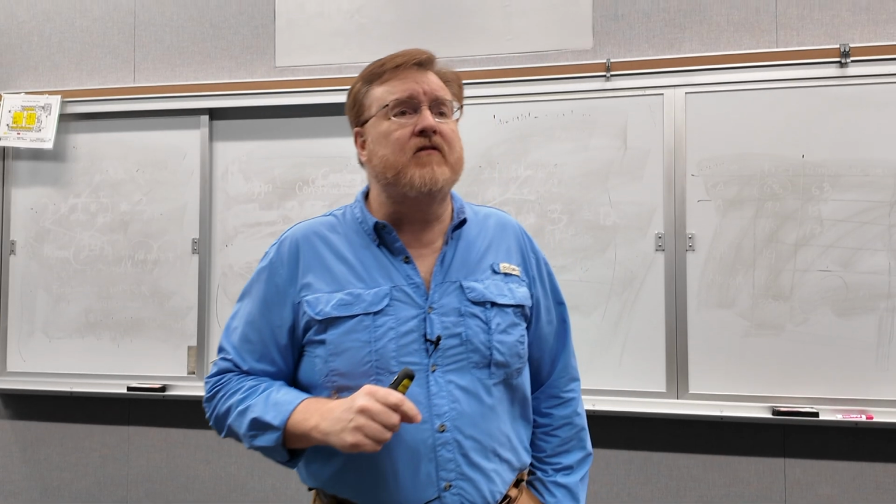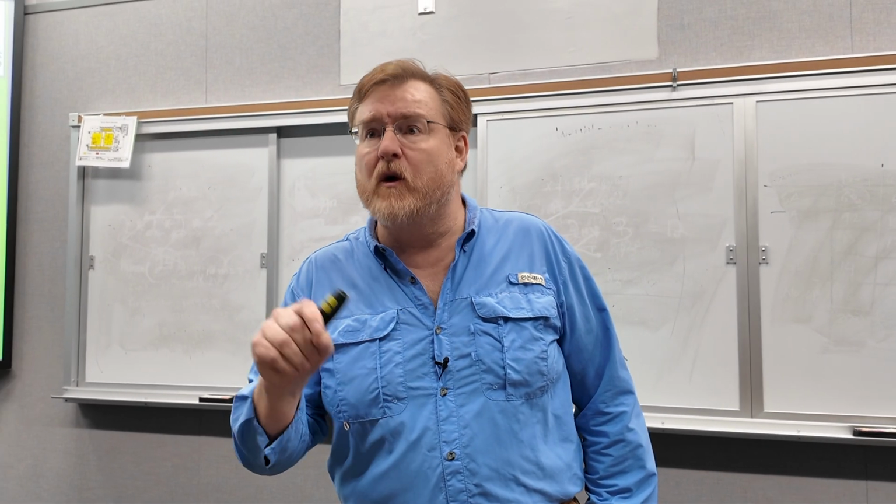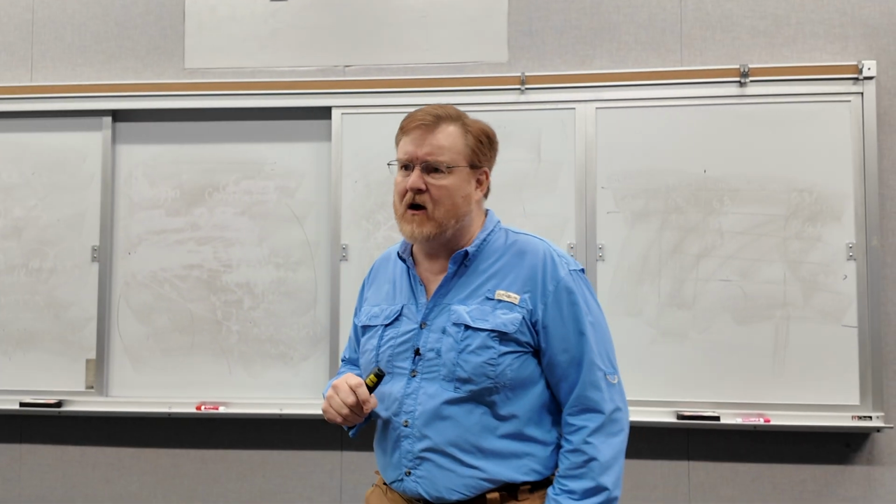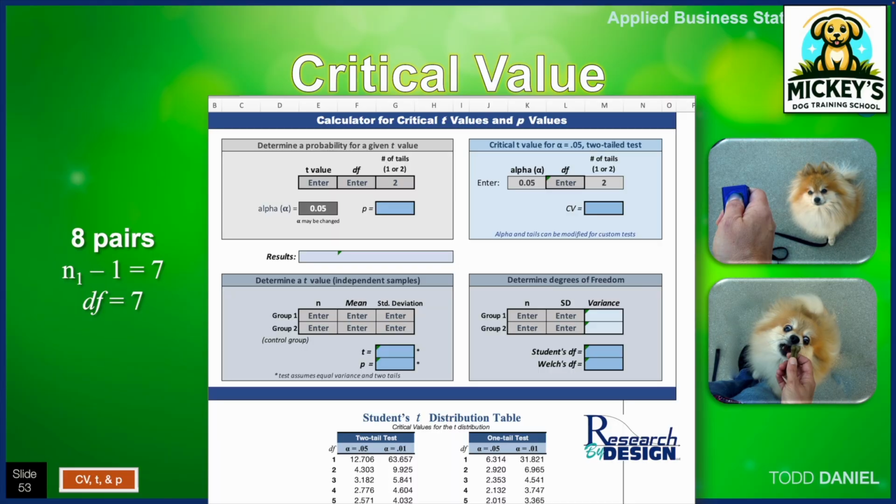Once we have that information, we can calculate the critical value, and we're going to go back to our spreadsheet in Excel in order to do this. Let's go to the tab for critical values, t, and proportion. First of all, we need our degrees of freedom. We have 8 pairs of dogs. Well, n minus 1 is 7. 8 minus 1 is 7.